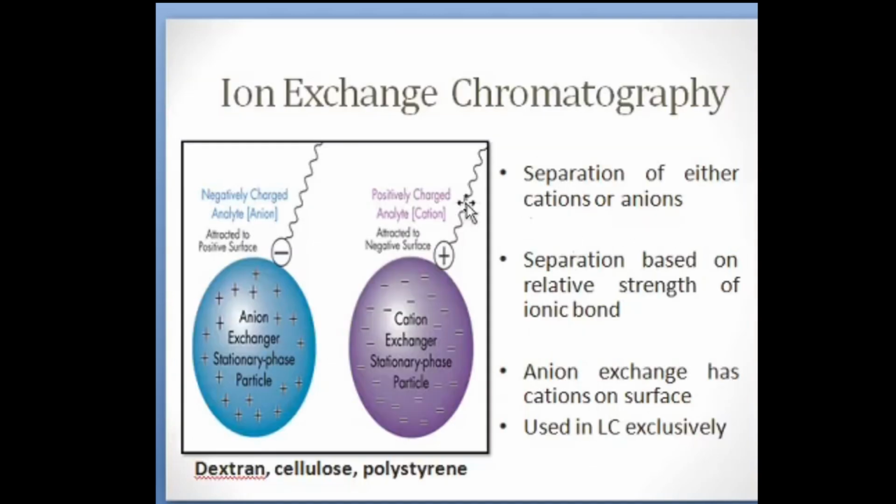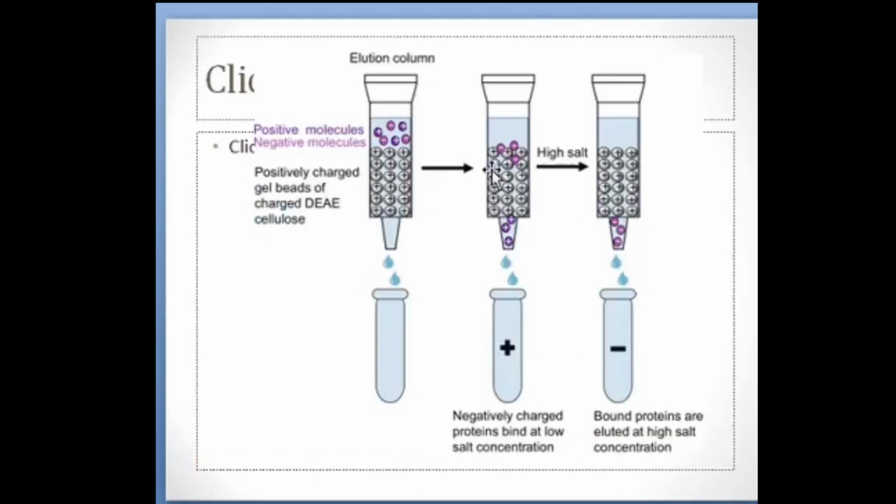Then another is ion exchange chromatography. This is the separation of ions, either cations or anions, and the principle is based on the relative strength of the ionic bond. You see here in this column chromatography, in the stationary phase we have positively charged gel beads of diethylaminoethyl cellulose.